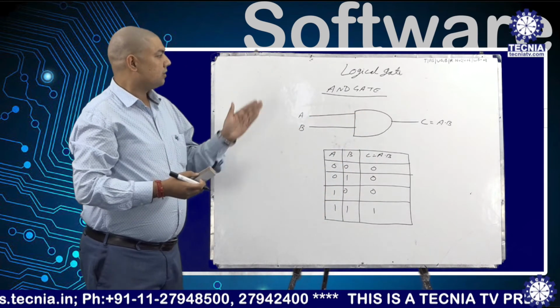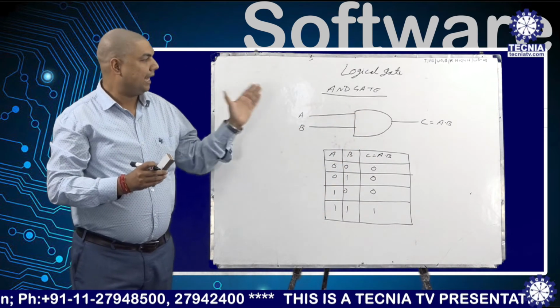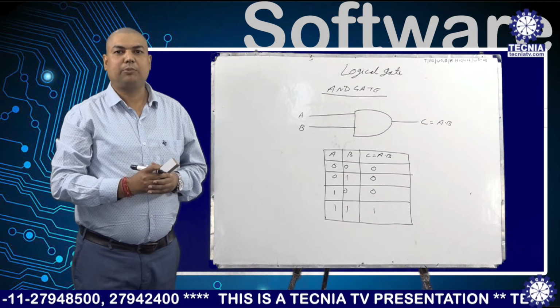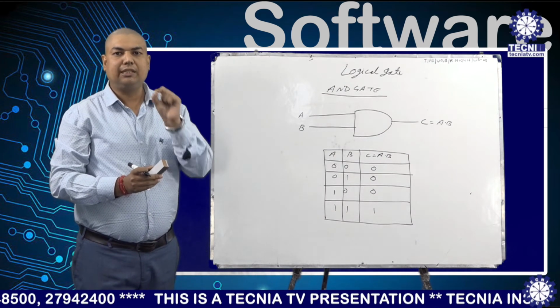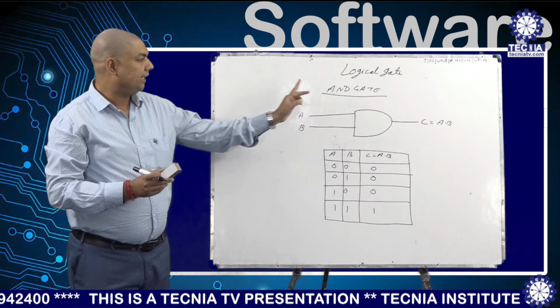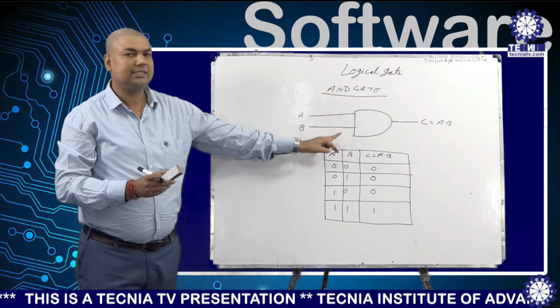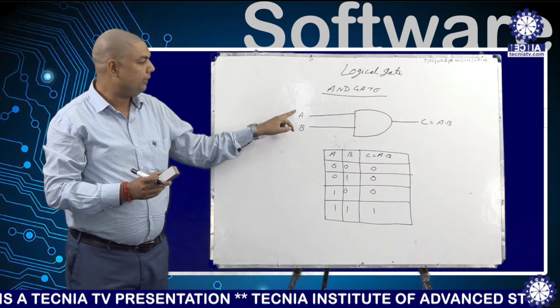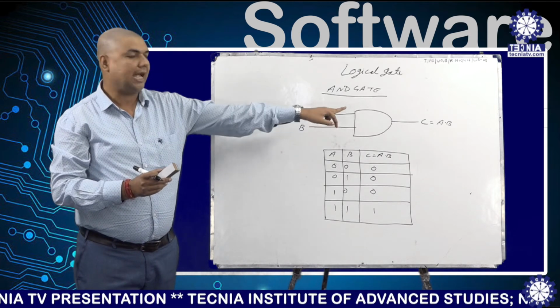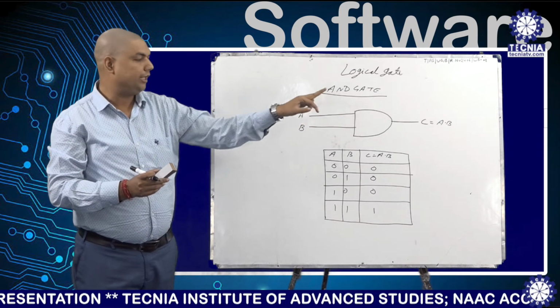Here we discuss the AND gate. AND gate is the type of gate which performs the operation A dot B. Here you see that the AND gate is a logical gate where we have two inputs A and B, and its output is C equal to A dot B.